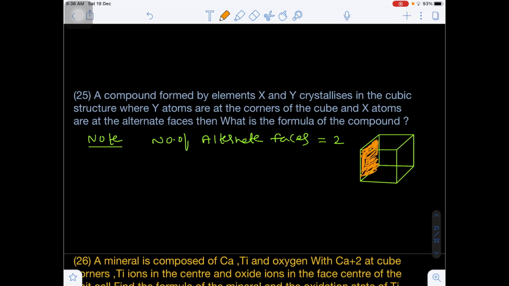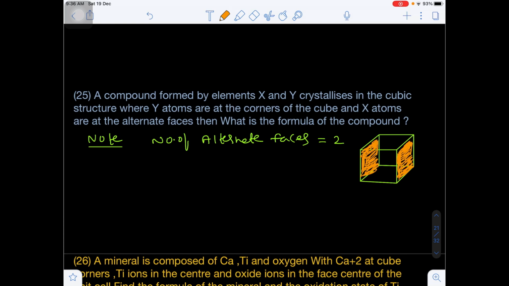Now what is the alternative face of this one? Alternative means 1 by 1. If you shade one face, ignore the next face and count the next one. So this will be the first one. Next alternative means leaving one surface and going to the next other surface. So there are 2 alternative faces.